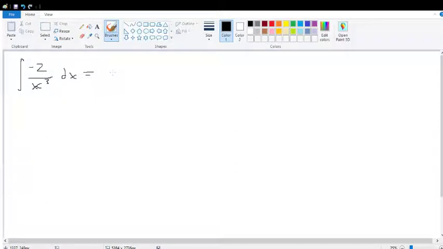Oh, by the way, when you have a constant in the integrand that you could factor out, you could factor it completely out from the integral. You just take the -2 all the way into the front.